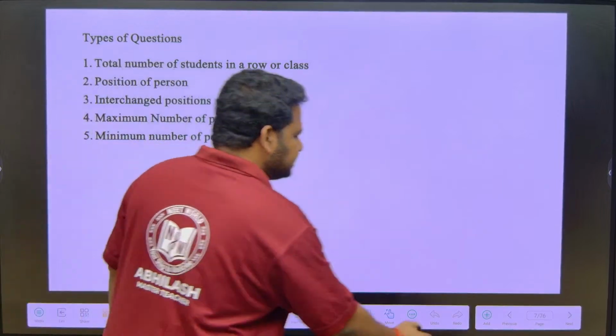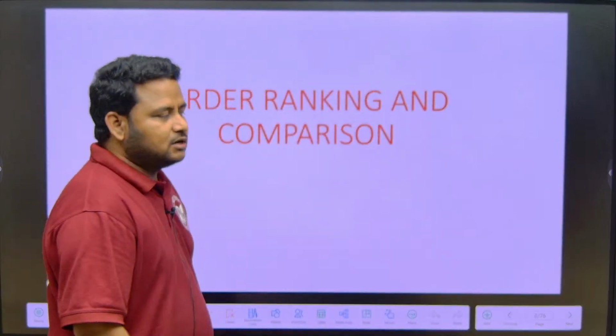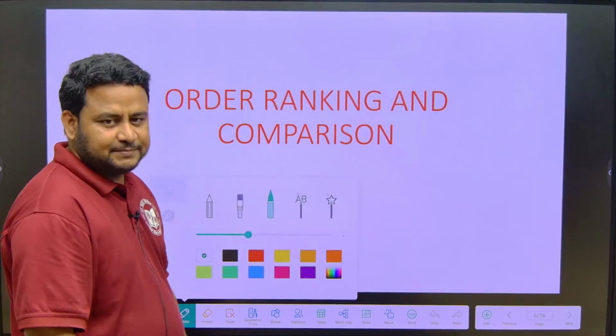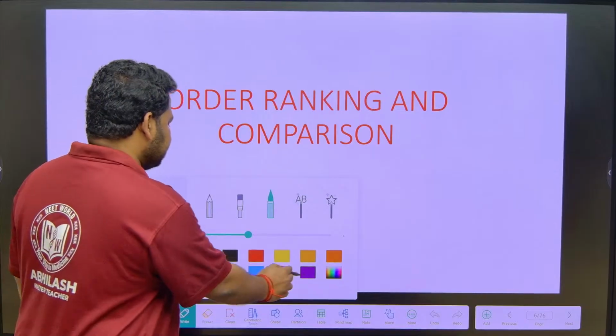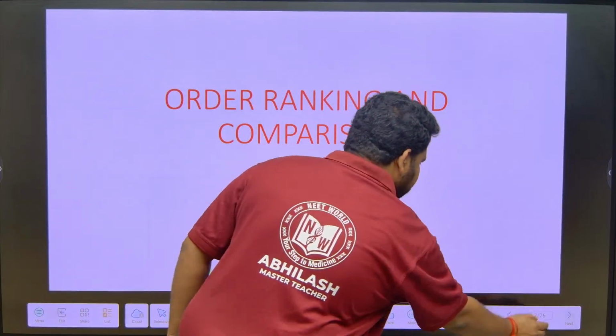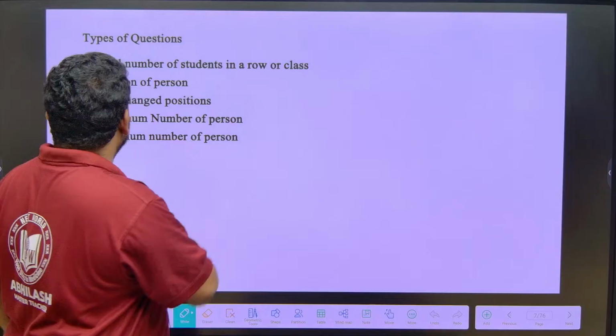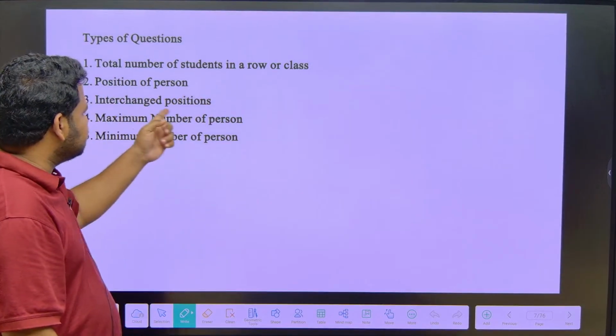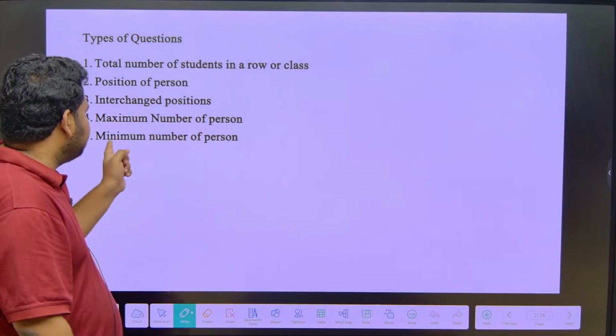So in the previous class we started with the topic order, ranking and comparison. I told you there are 5 types of questions that can be asked: total number of students in a row or class, position of a person, interchange position, maximum number of persons and minimum number of persons.